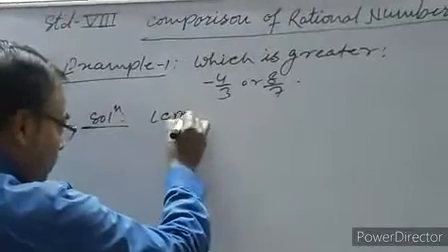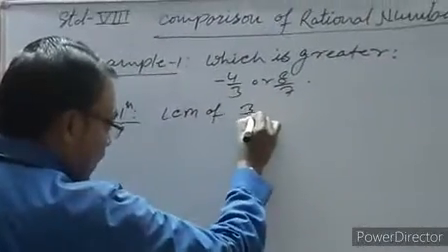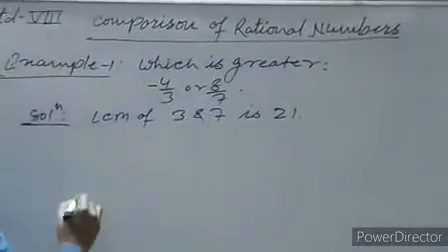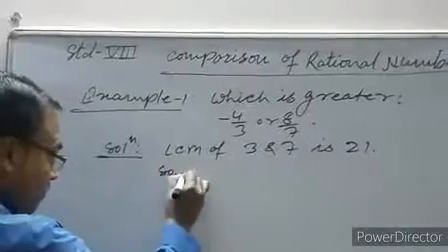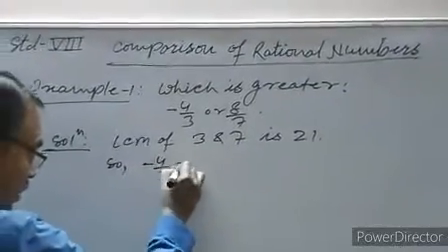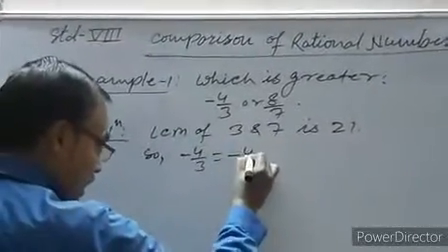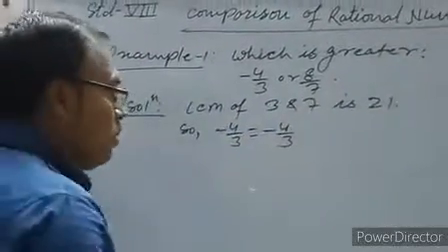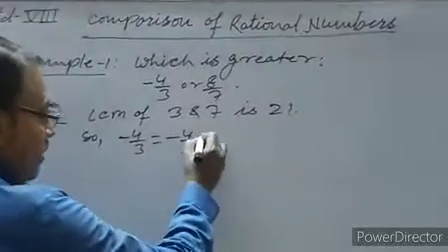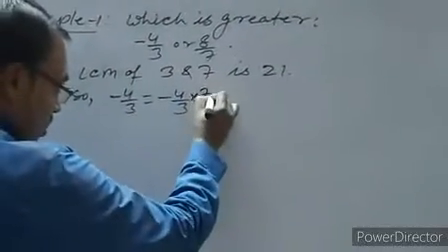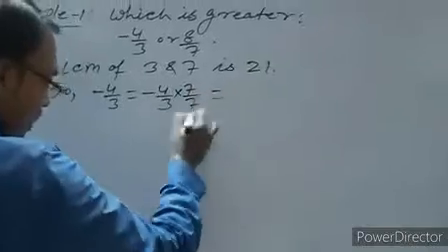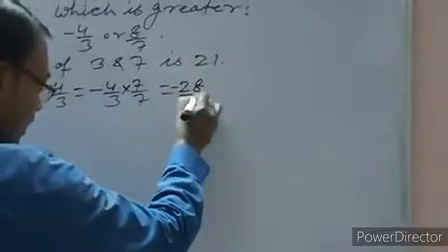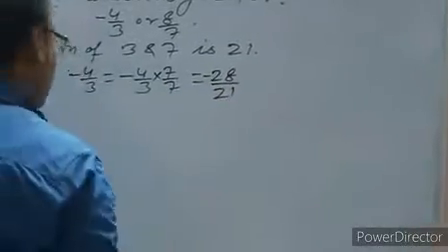LCM of 3 and 7 is 21. So minus 4 by 3, we make its denominator 21 by multiplying both numerator and denominator by 7. Then it becomes minus 28 by 21.